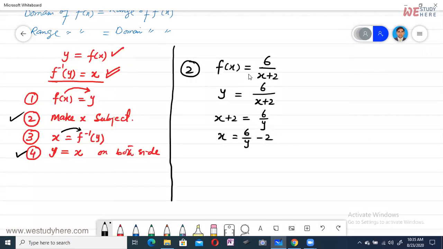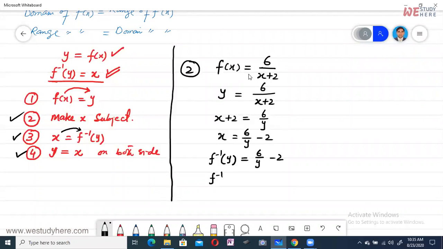Now in the third step, you can see x is f inverse of y. In the place of x, we will write f inverse of y. Other side as it is, 6 divided by y minus 2. Then the last step is we will replace y with x.